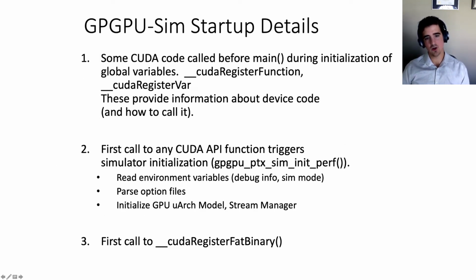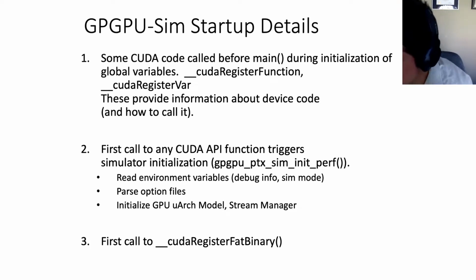That means that essentially the simulator sits there uninitialized until we get the very first call to the CUDA API. So there's some code in there that basically waits for the first call to the CUDA API.